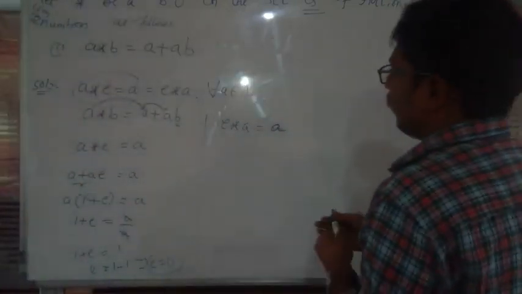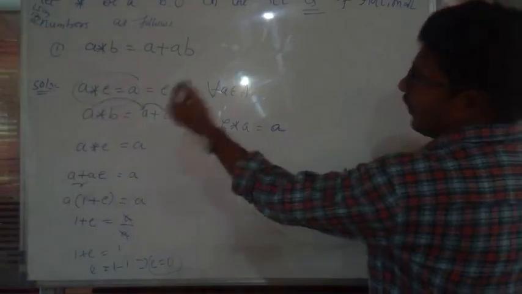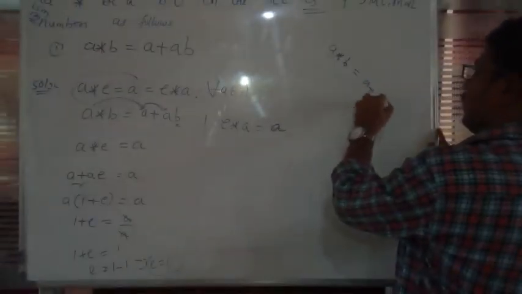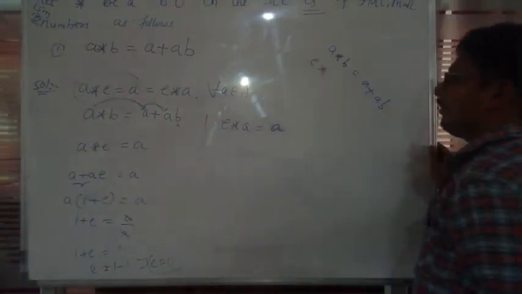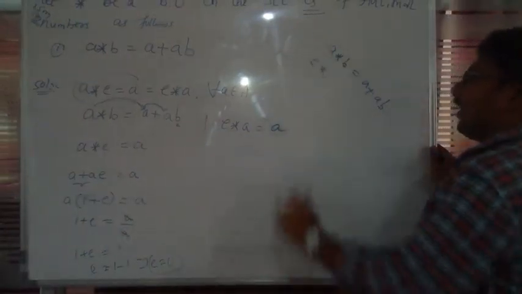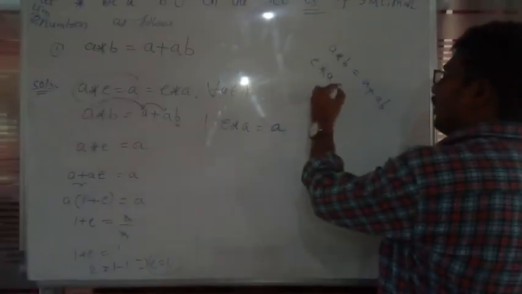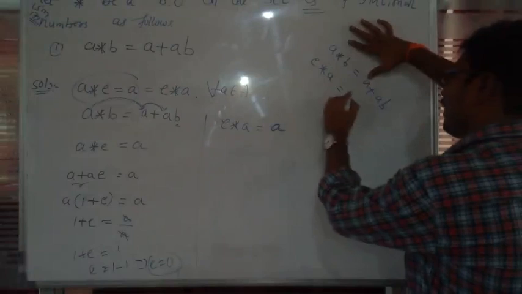A star A is equal to A. So okay, what is A star B? A star B is equal to A plus AB. In the placement of A we should keep A, and in the placement of B we should keep E. What I found? Wherever there is an A, we should keep E.